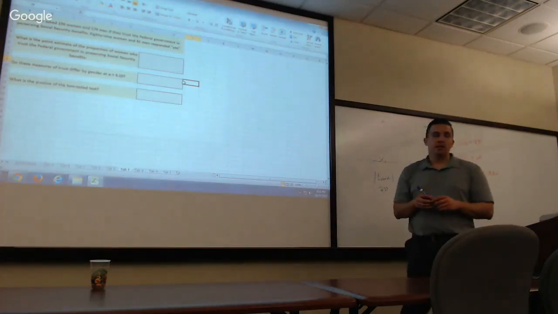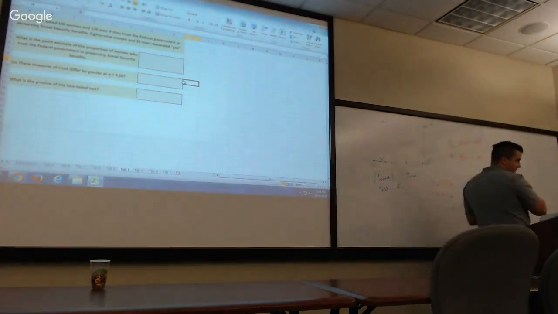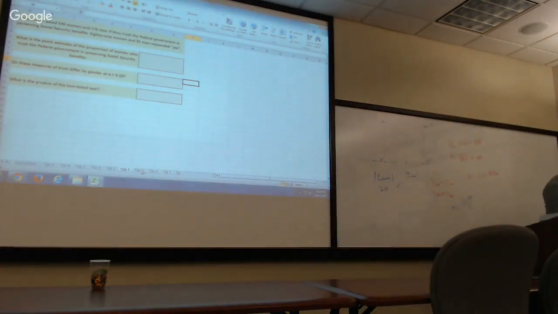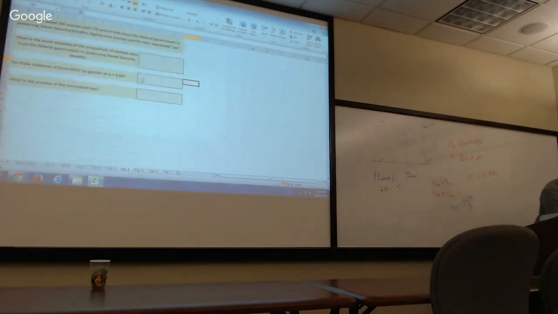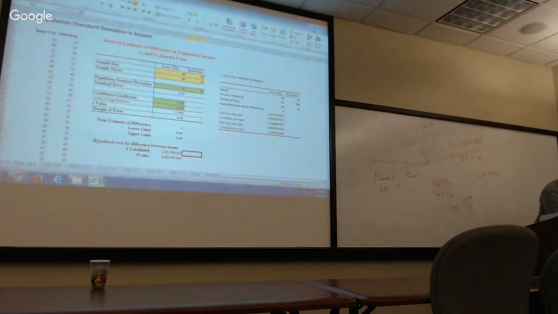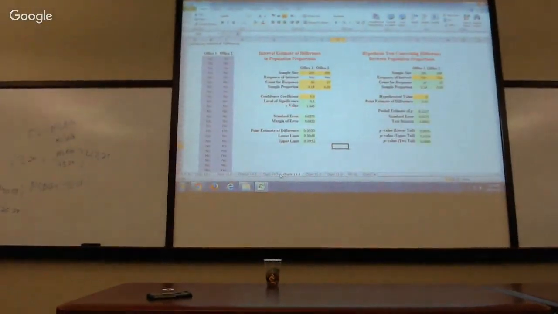Are all four of these chi-squared? No, these ones are proportional tests. So for these we're going to use the population proportion templates.